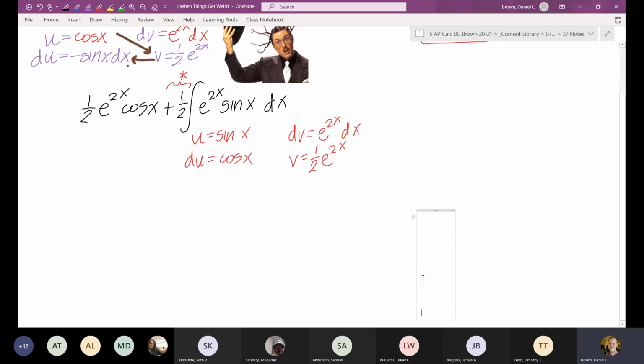Let me scroll a little bit, pulling things down and seeing what I have so far. So I have 1/2 e to the 2x cosine of x. This pen has not been working all day. Try that again.